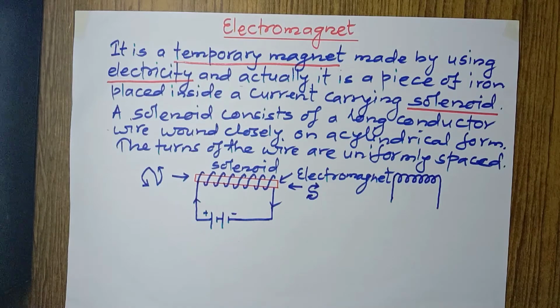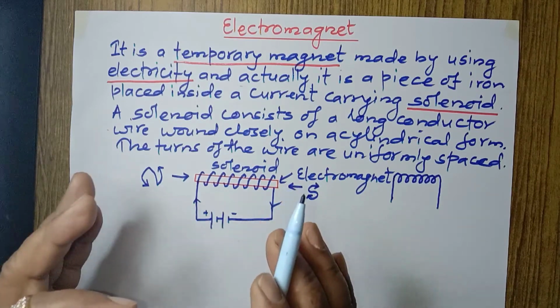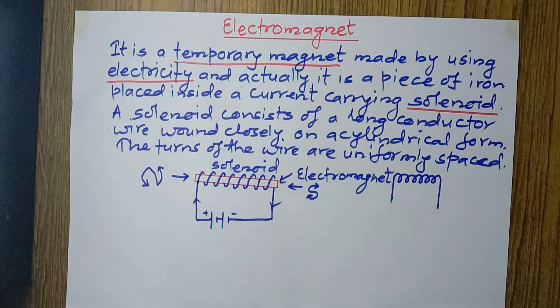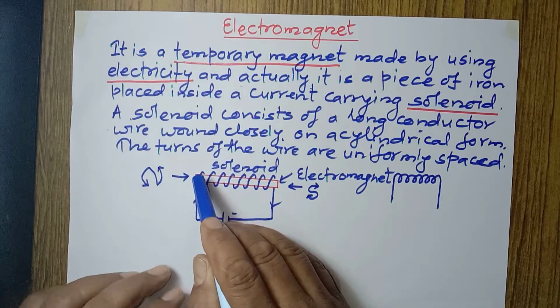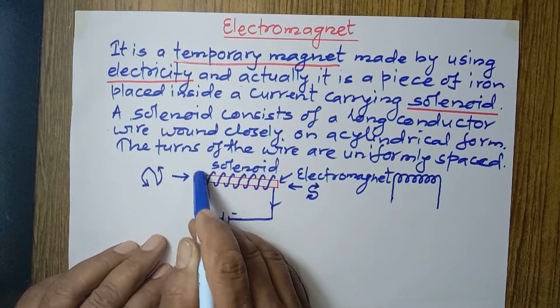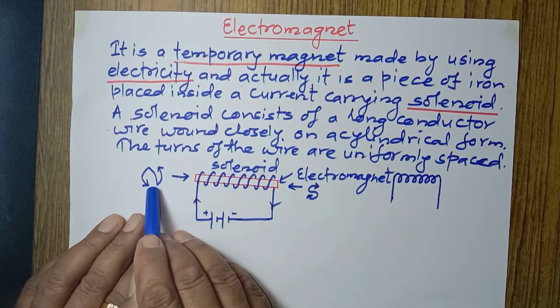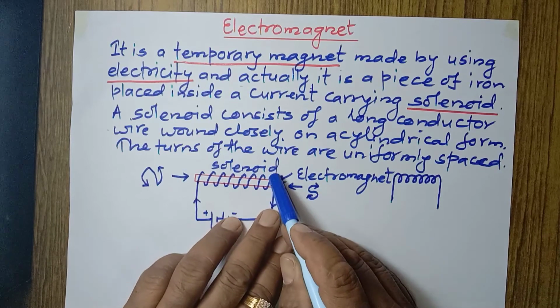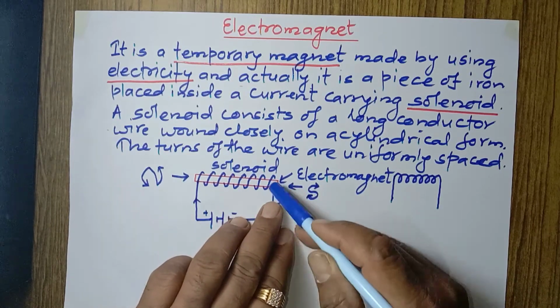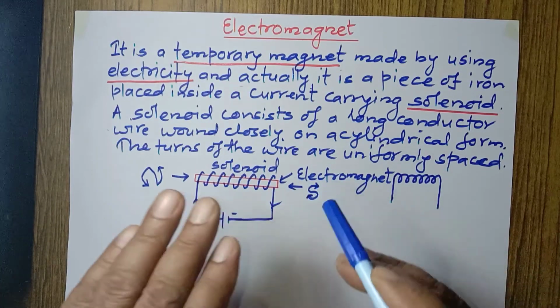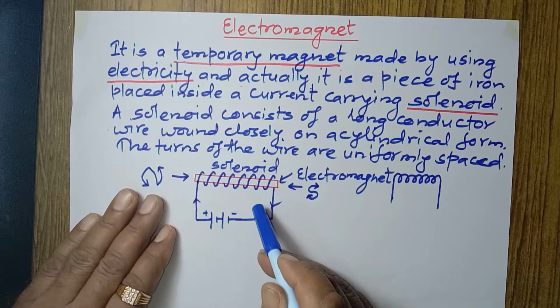Look at this. It means, how can we declare the pole of electromagnet? If the direction of flow of current at the end of the solenoid is anti-clockwise like this, then north pole produces at that end. And if the direction of flow of current at the end of the solenoid is clockwise, then south pole produces at that end.